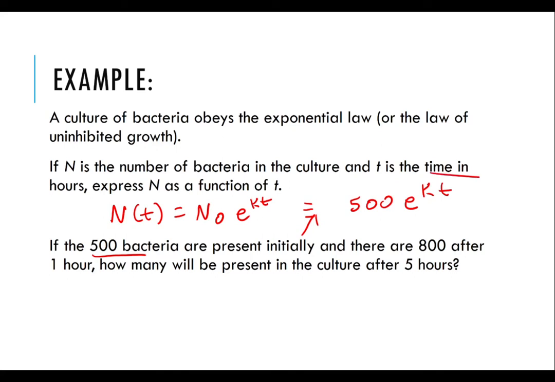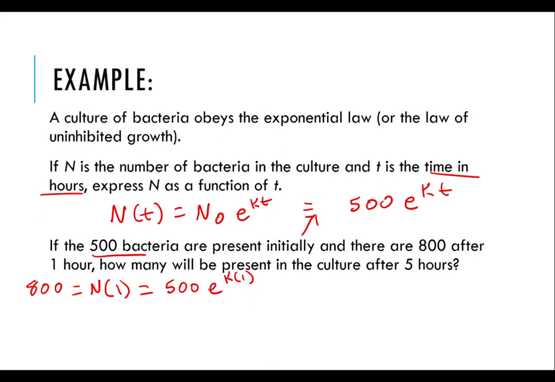Now, since they say that the time is represented in hours, then it's perfectly fine if you so desire to go 800 is equal to n of 1, because 1 hour, which is really going to be 500 times e raised to the k times 1. Then we have an equation that we can solve for k.